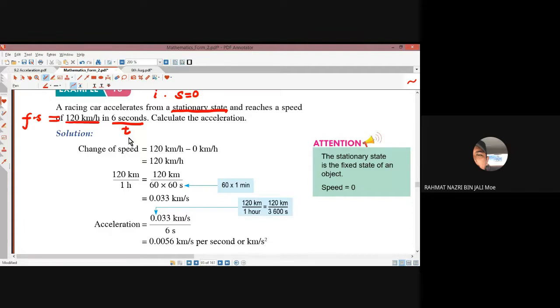So we have to convert this given time, 6 seconds, to hours, because the given unit for the speed is in kilometer per hour. So we are going to convert 6 seconds to hours.